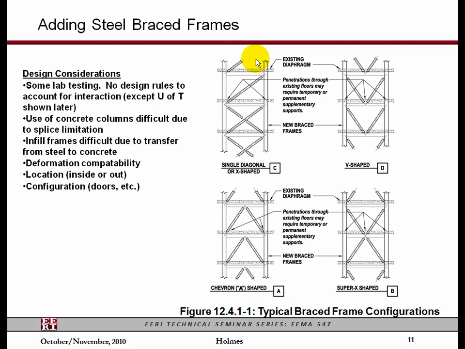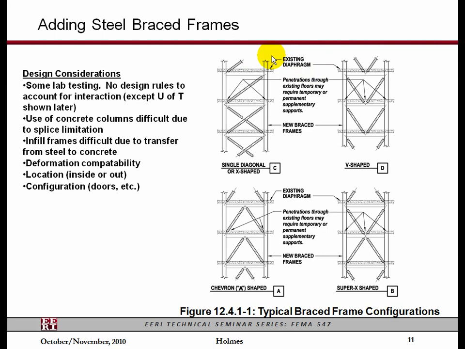Seldom do we have any cases that have actually been tested in a lab. I'll give you one example that has been, but the interaction between the steel and the concrete, you have to be very careful. If you try to add a steel brace frame within a concrete frame and you're trying to use the columns as the columns for the brace frame, the splices may not be adequate for tension, for example.